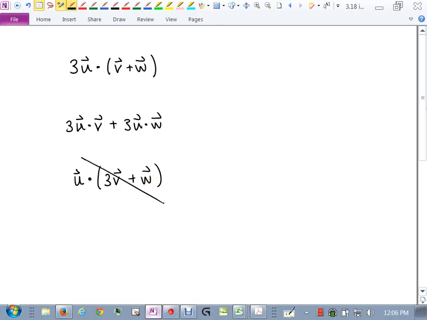So that's no go. Trying to think of some other combinations. You could just wait on the 3, right? And go u dot v plus u dot w. You could do that. Agreed? Leave the 3 there, pass this through, and then scale it all at the end.